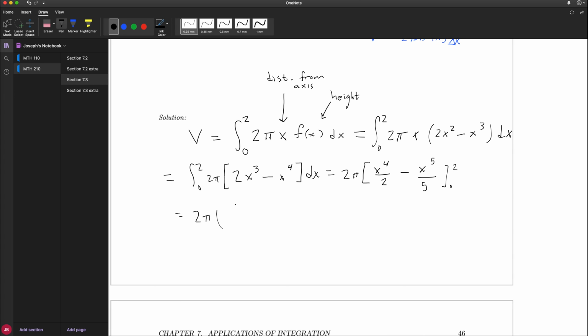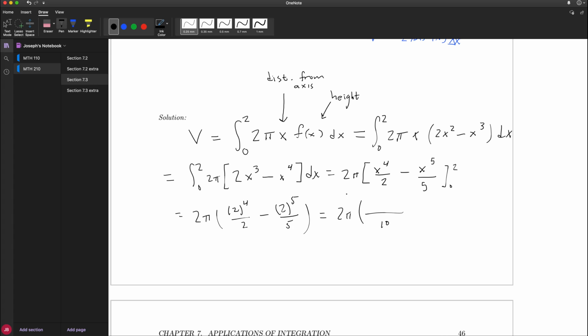Plug in 2, we get 2 to the 4th over 2 minus 2 to the 5th over 5. The common denominator is 10. 2 to the 4th is 16.